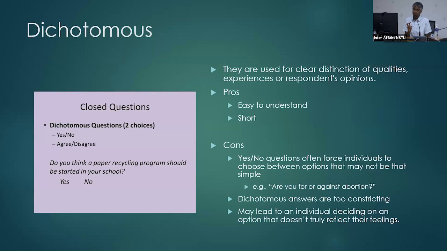In general, I am for abortion, yes, but I might be against a late-term abortion, such as in the 3rd trimester. So again, there might be some subtleties in the question or the way that they think about it that require more than a yes, no answer. Okay?